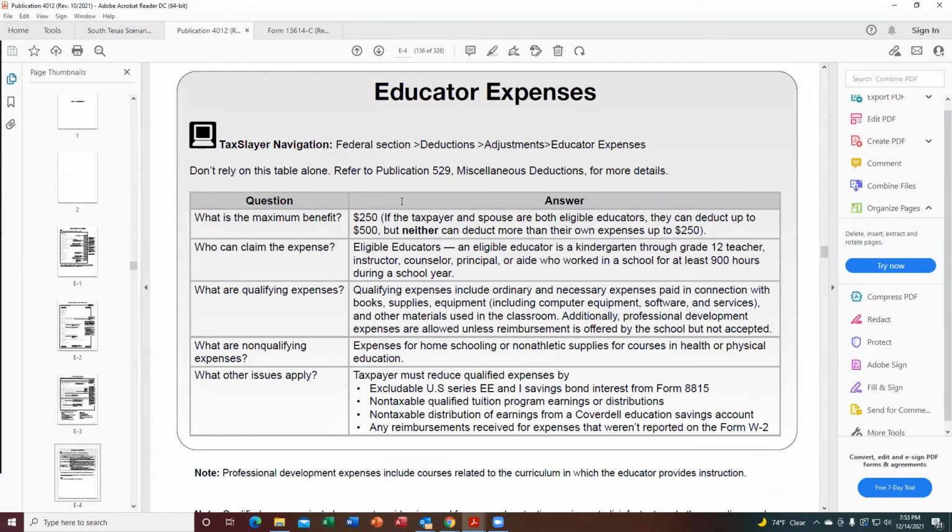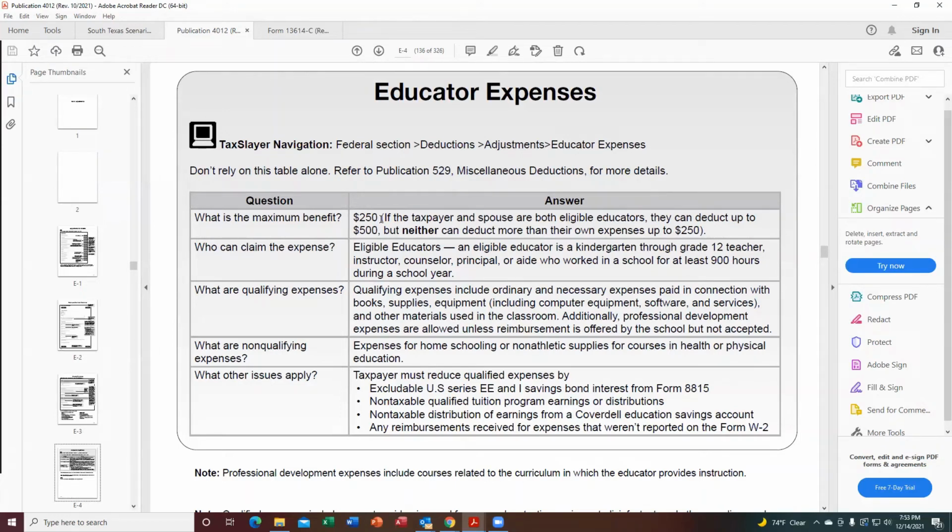So again, for the educator expense, as a VITA site, we're not expected to see receipts. However, we always encourage the client to have receipts at home or wherever they keep receipts.